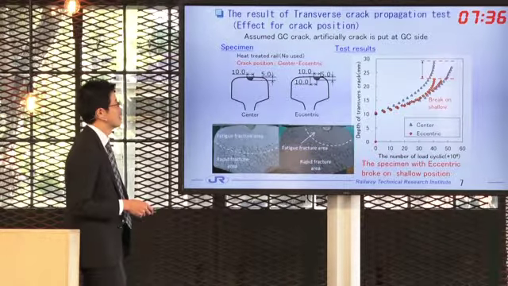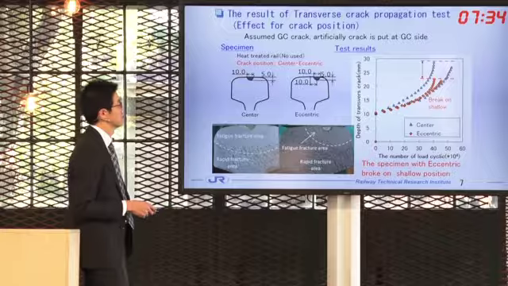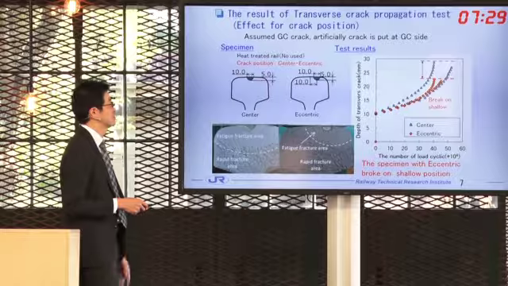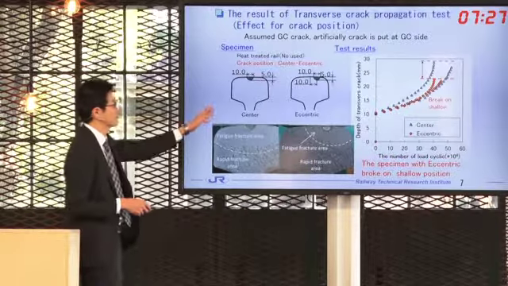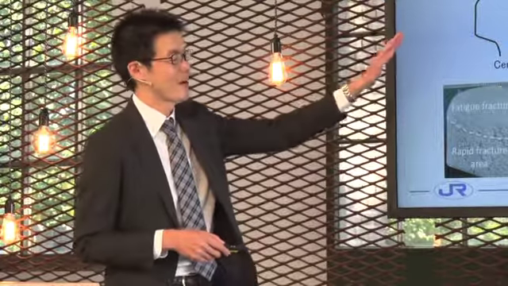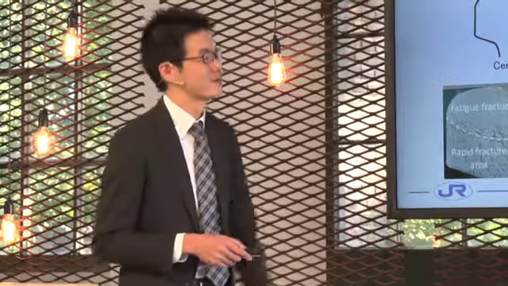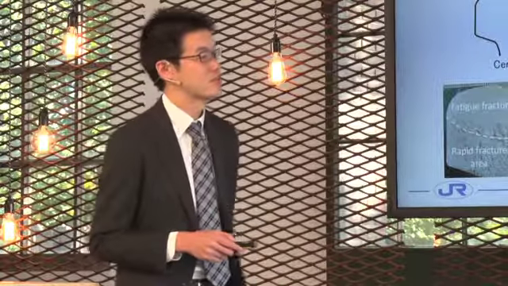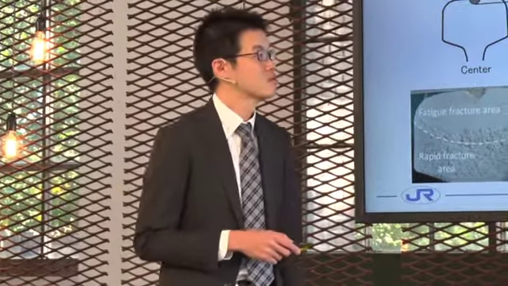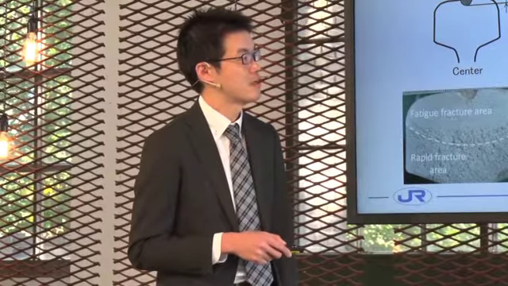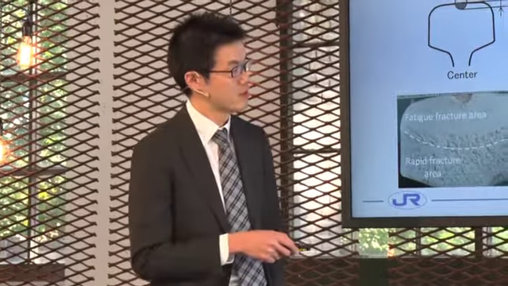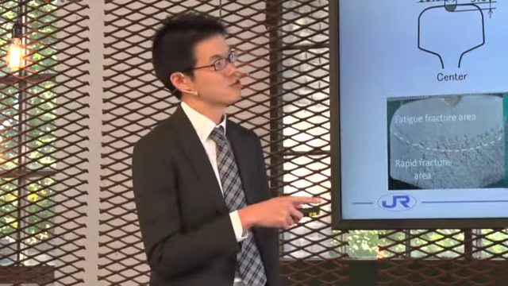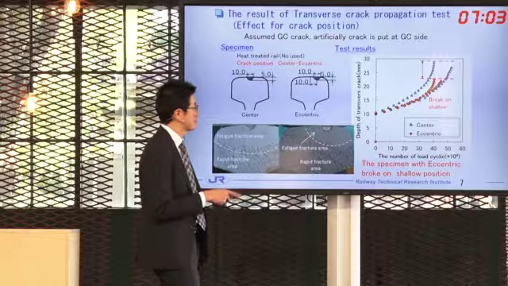The next slide is the evaluation of different crack positions. The specimen has a center crack. We put the axial crack at the center and eccentric positions, and the right figure shows the result. The blue plot is the center, and the red plot is the eccentric.